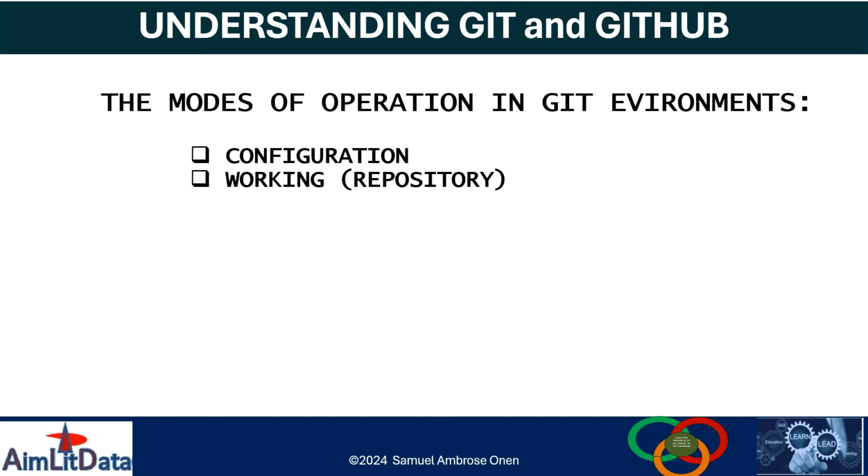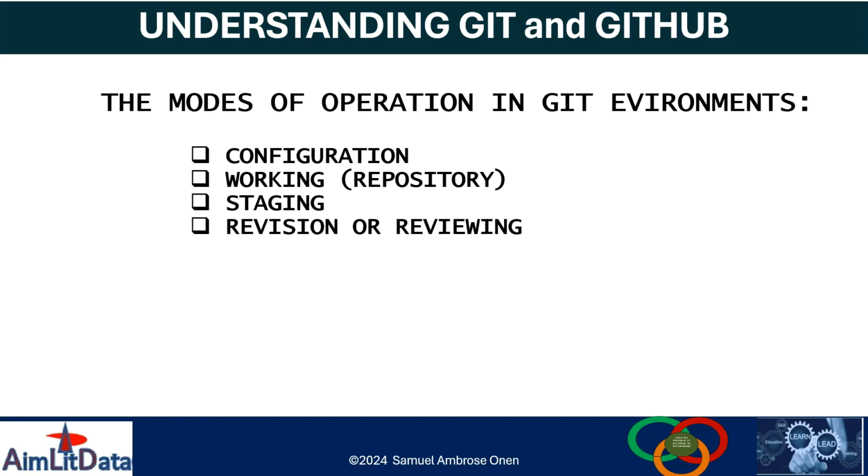Then we will create a repository as our working environment, and then we will go through staging where we'll keep the file temporarily before committing. We will review to make sure that what we have done is the right thing we want to do. After which we will commit our file to save it permanently.